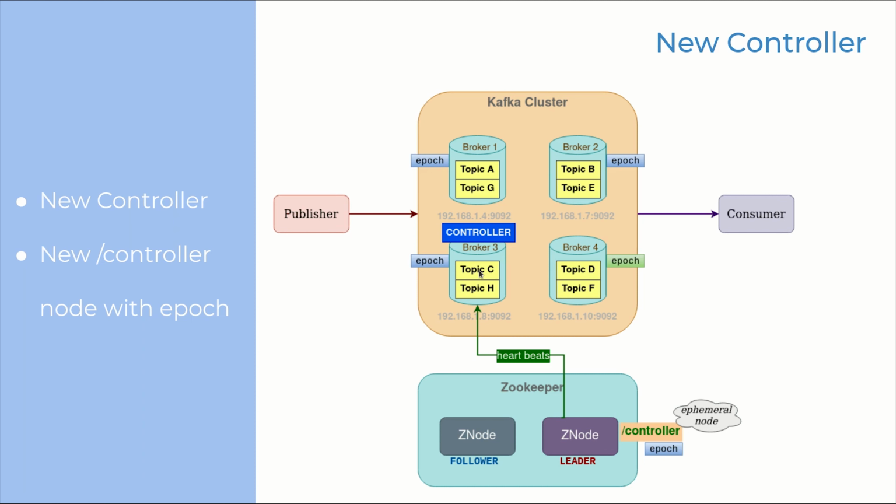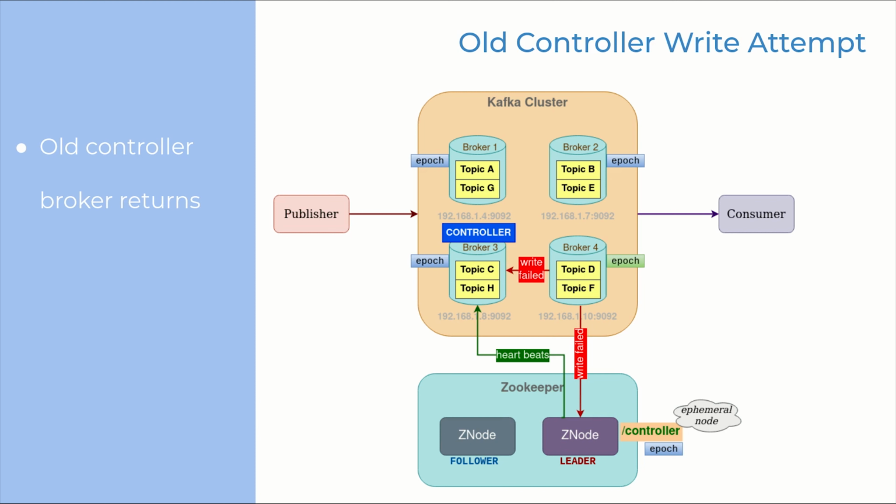So what if the obsolete controller broker returns? It might have been obsolete due to a long garbage collection event, or it may be unreachable due to a network delay. Those things can happen. It does not know anything about the new controller that was appointed with a new epoch, and it will try to write data thinking that it is the controller. If this happens, it will be a disaster. So this is where the epoch comes into play.